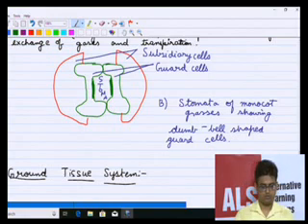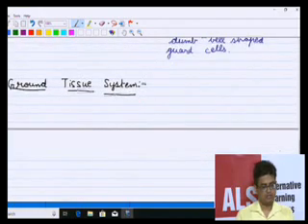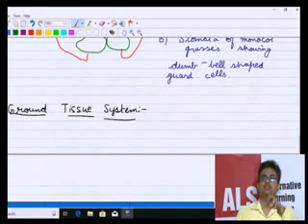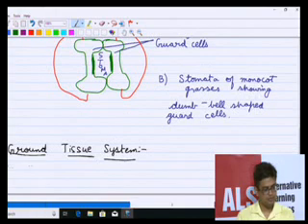Okay, so then I will cover this ground tissue system. So please write it quickly. Let's see how many diagrams we can complete today. Ground tissue system. So in the ground tissue system, please write. If you miss anything, please tell me to scroll up. Ground tissue system.